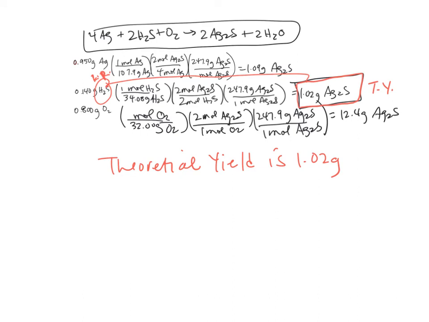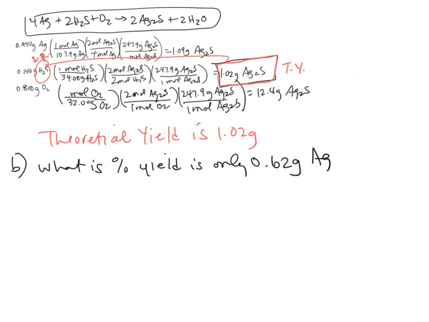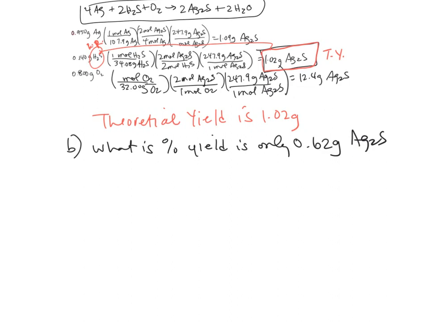Now, part B was, what is the percent yield if only 0.62 grams silver sulfide is produced experimentally. So, what is the percent yield?